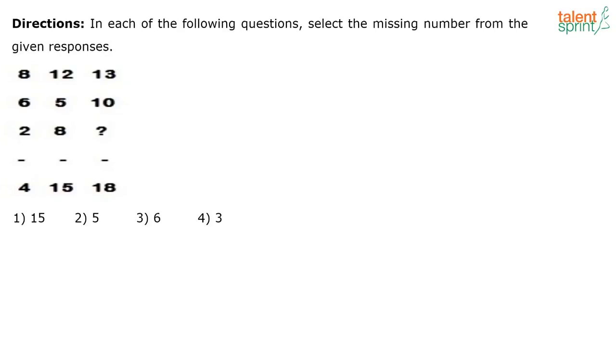In each of the following questions, select the missing number from the given responses. So let us try this. See what is given here. You have to find the missing number. Now you have 8, 6, 2 and you are getting 4 here. How can you get 4 here? See, 8 minus 6 plus 2 is equal to 4. Correct? Similarly, 12 minus 5 plus 8 is equal to 15.